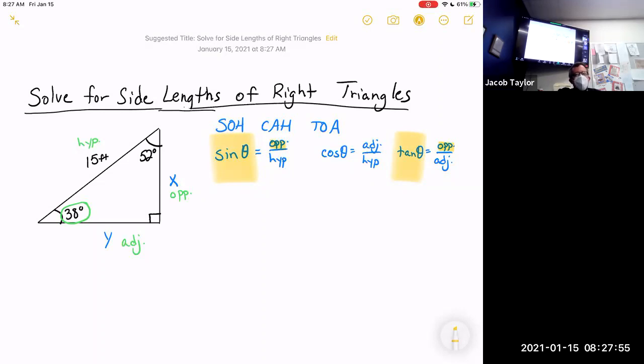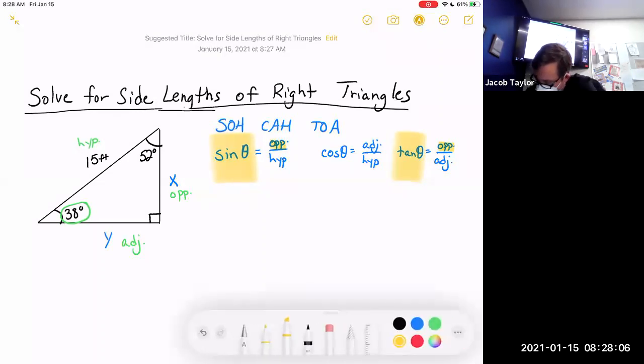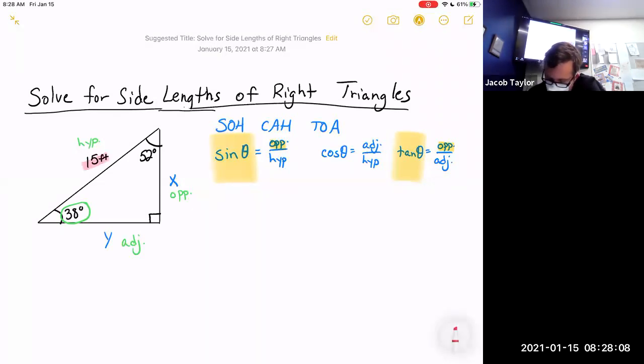So the way we decide which of these two trig functions we're going to use is by asking ourselves, what's the other thing that we know besides the angle? Well, we know the hypotenuse. We know the hypotenuse is 15, so that means we're going to use sine. The sine function has opposite over hypotenuse, which means it has the side we are looking for, the opposite, and it has the side we know, the hypotenuse.